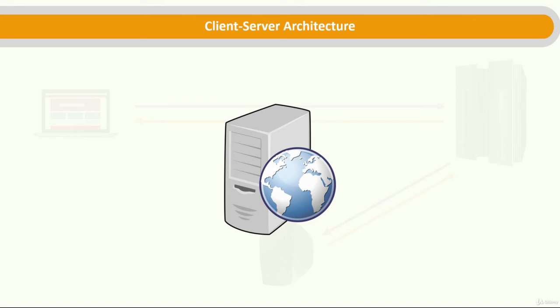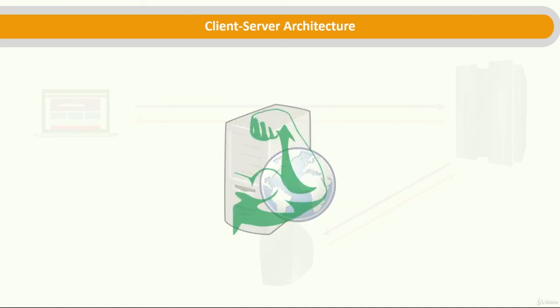Some of them are web servers. Some of them are database servers. There's file servers and mail servers. Now, in the real world, a server has a faster CPU, a higher capacity of RAM and storage, and so on. Many more features make it more resilient than a client, although a simple computer can also be a server.